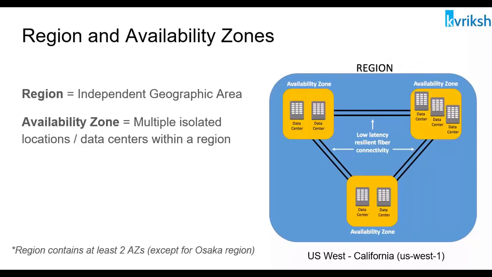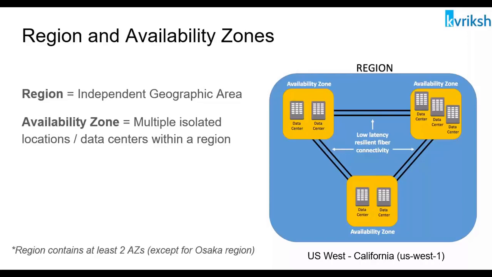Okay, so we'll talk more about this in EC2 sessions, which is a different course, but as of now you just need to know about these things. Okay, I hope the region and availability zone you are familiar with now.